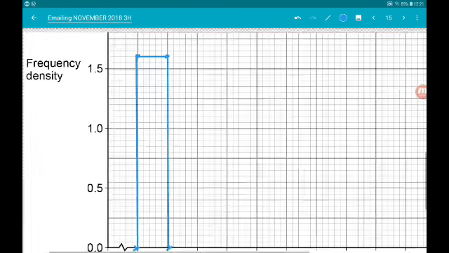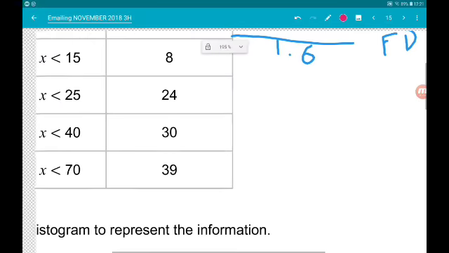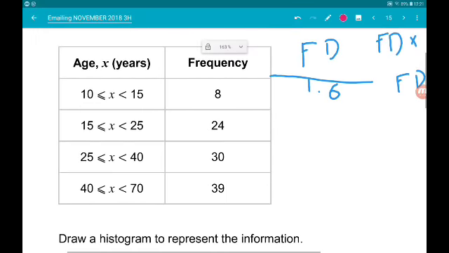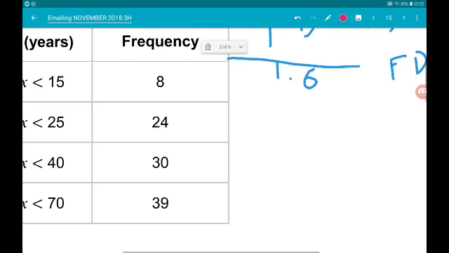Now for the second one, we have a frequency of 24 and an interval of 10. So the frequency density is 24 divided by 10, which is 2.4.